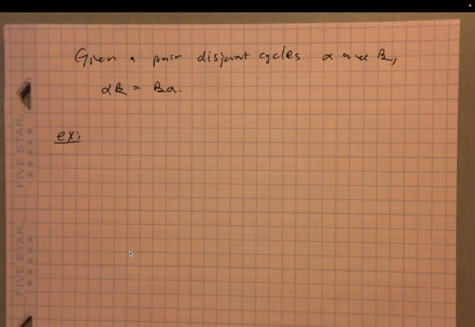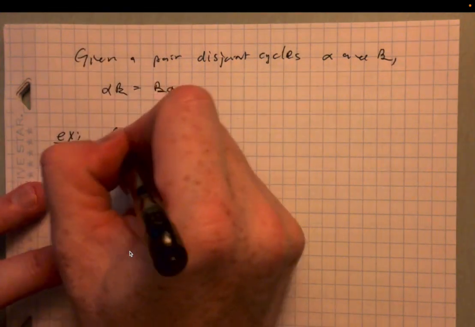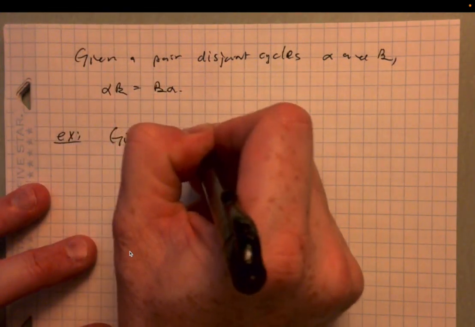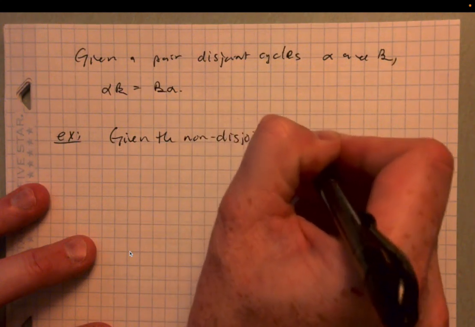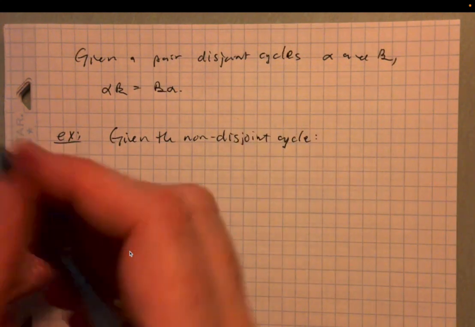So let's start with a non-disjoint cycle. Given a non-disjoint cycle, I'm going to write this down.